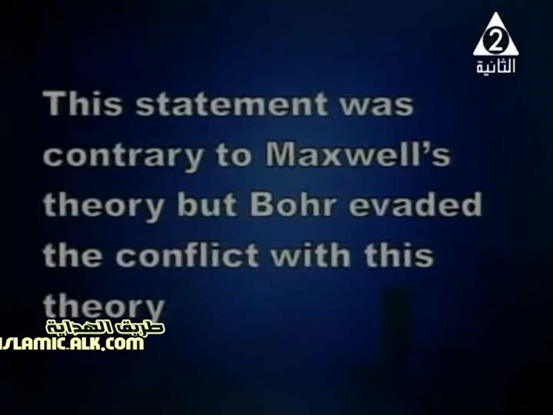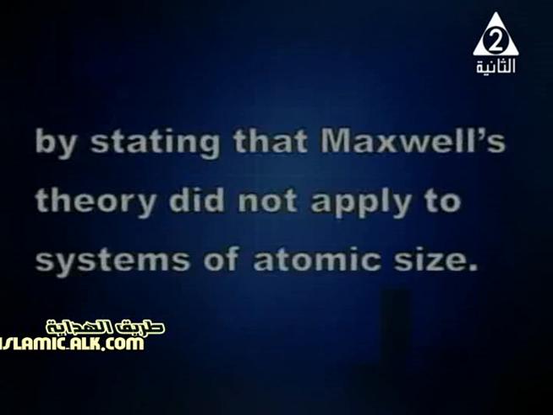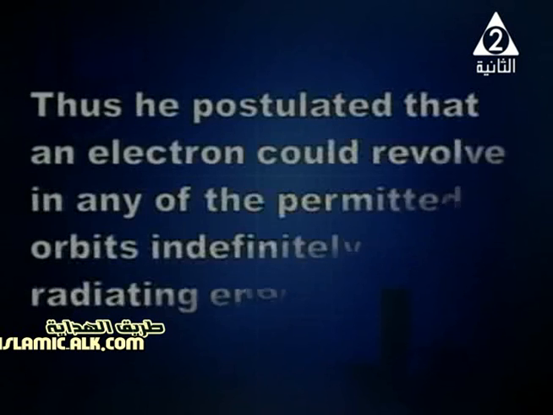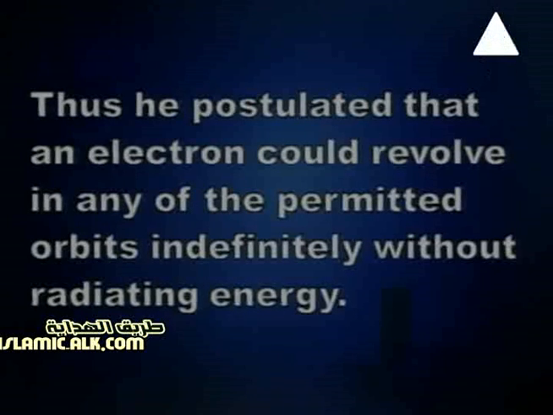By stating that Maxwell's theory did not apply to systems of atomic size. Thus, he postulated that an electron could revolve in any of the permitted orbits indefinitely without radiating energy.